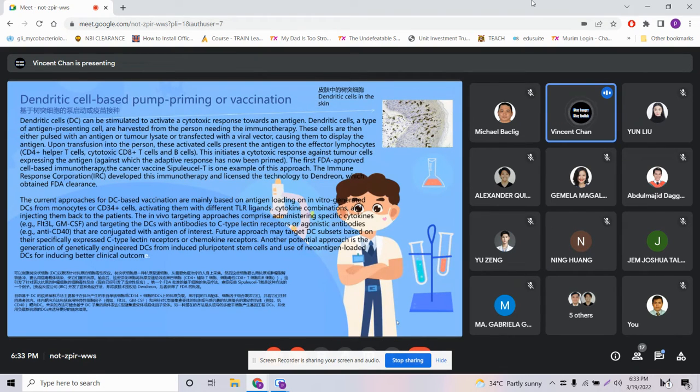Dendritic cells are a type of antigen-presenting cell harvested from the person needing the immunotherapy. The cells are then either pulsed with an antigen or tumor lysate or transfected with a viral vector, causing them to display the antigen.